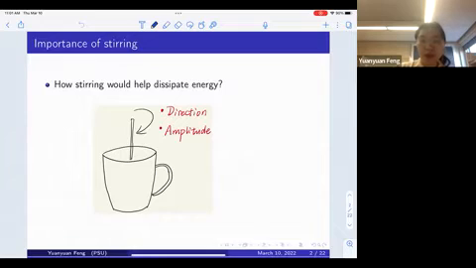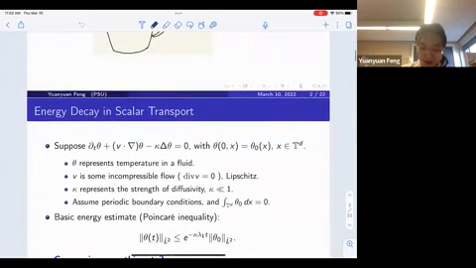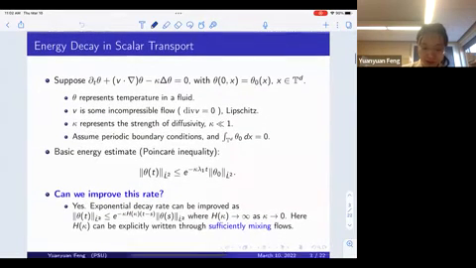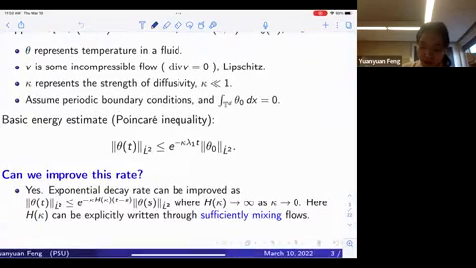So to quantify the interaction between the diffusion and the mixing, let's look at the energy decay in the advection diffusion equation. Here, theta satisfies the advection diffusion equation. We study this equation on the torus. Theta represents temperature in the fluid, and v is some incompressible flow, which means divergence of v is 0.